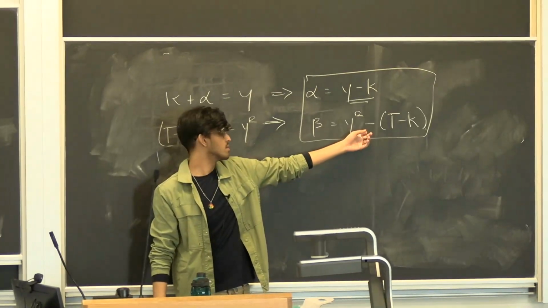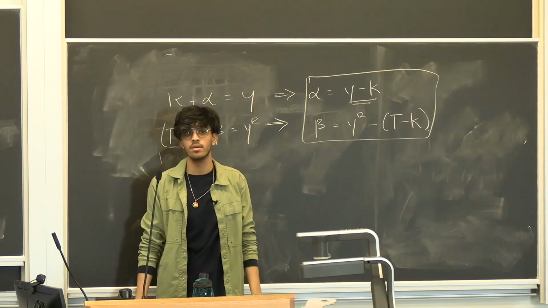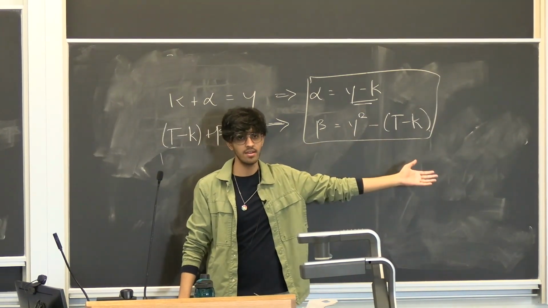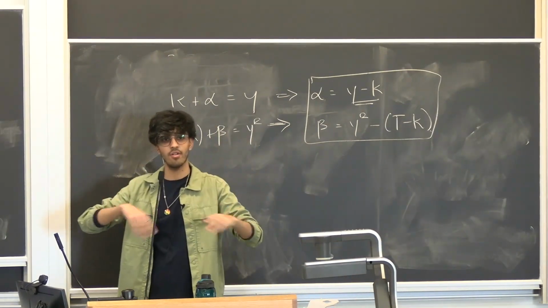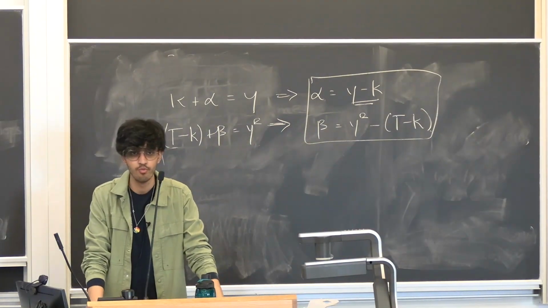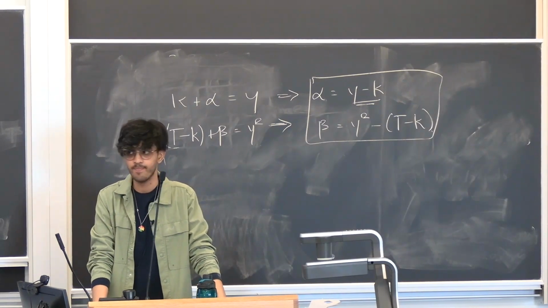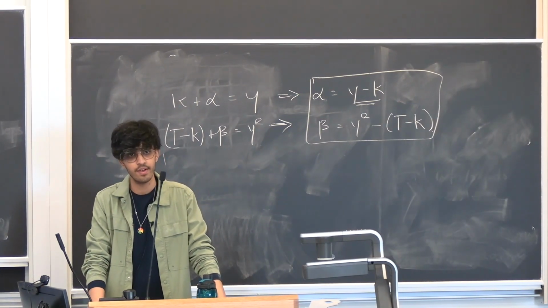And then over here, what does it need to be? You need y squared to be greater than t minus k. But then if you solve for that inequality, you're going to get something very, very stupid. We know that A has positive elements, so the total is positive.